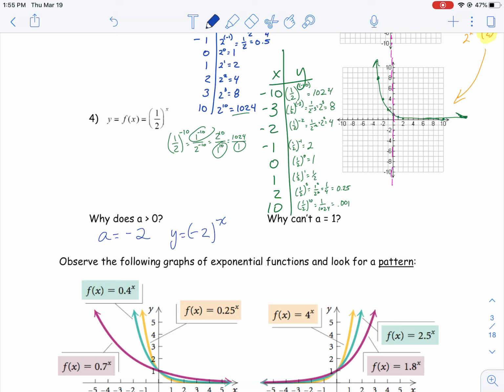And then we get decimals, and we don't even want to go there. So the short answer to why a has to be greater than 0 is, so we have a smooth curve.